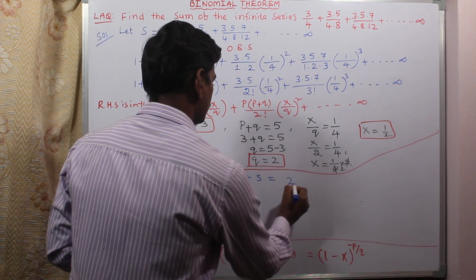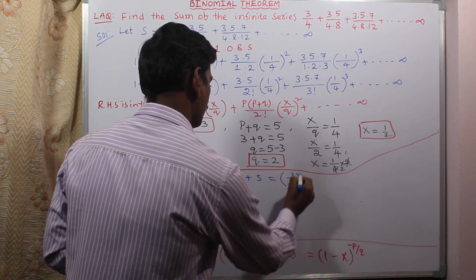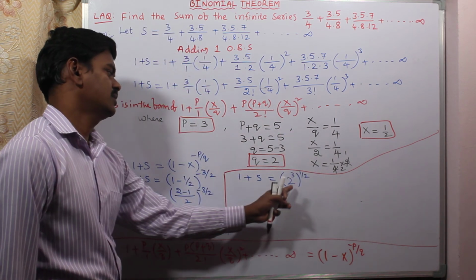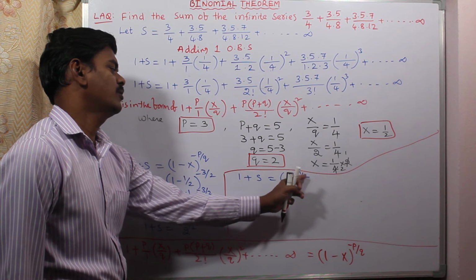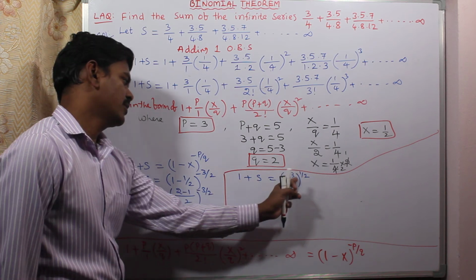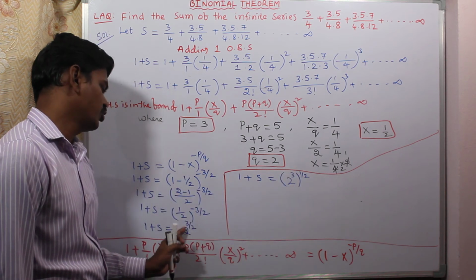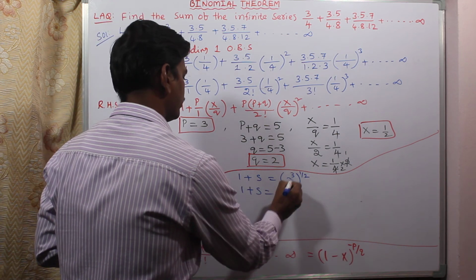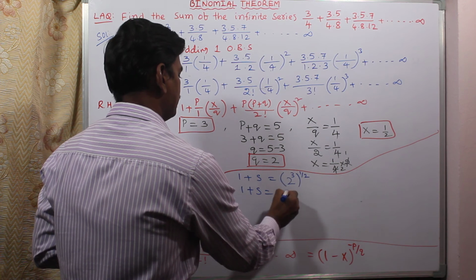2 power 3 by 2 can also be written as 2 power 3 whole power 1 by 2. You know, a power m whole power n becomes a power mn formula, so it becomes 2 power 3 by 2. So 1 plus s is equal to 2 cube value 8, 8 power 1 by 2.